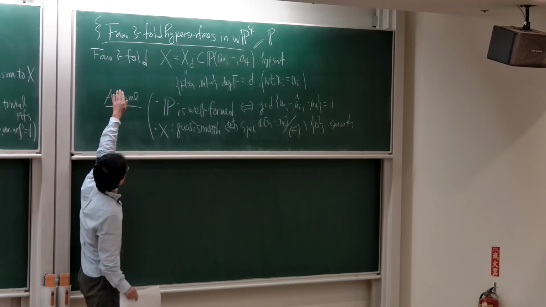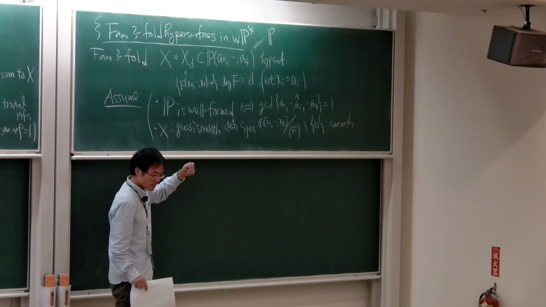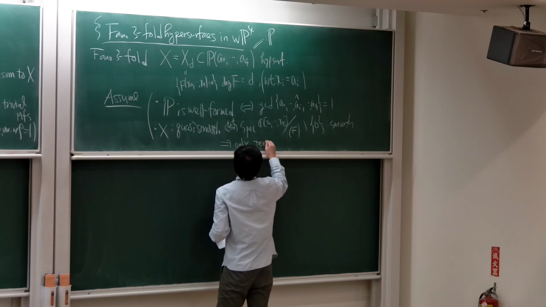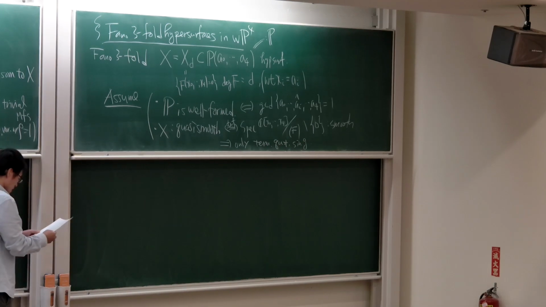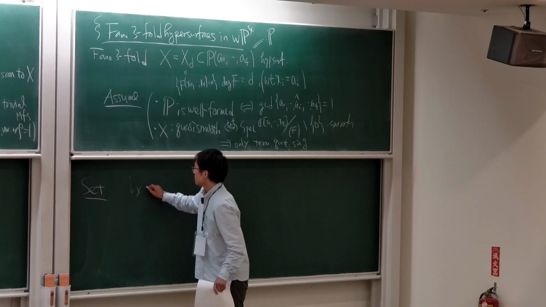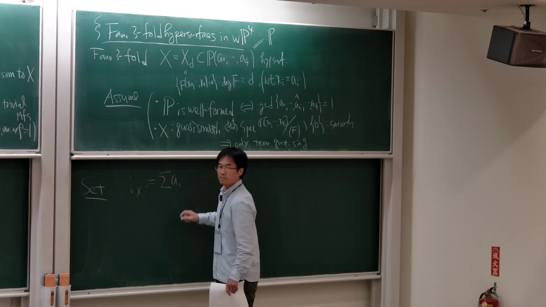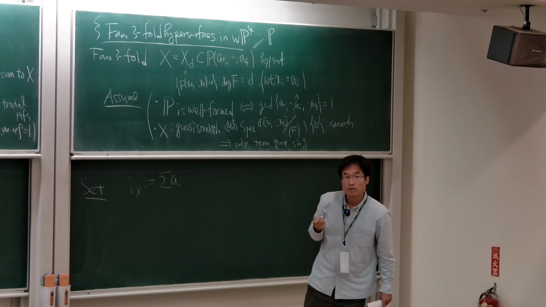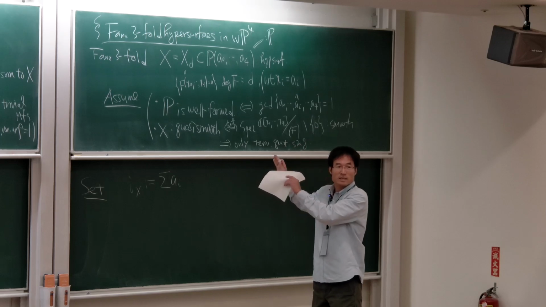So from the beginning, I assume that X is Fano. With this assumption, this X has only terminal cyclic quotient singularities. And next, set the Fano index in the class group. I assume that X has only terminal singularities.